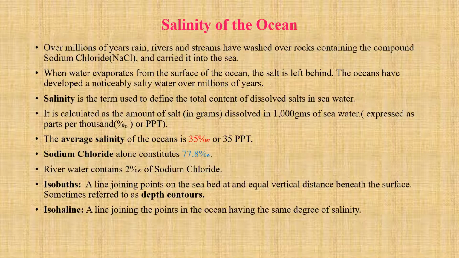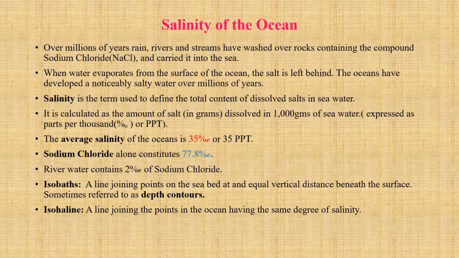Salinity is the term which is used to define the total content of dissolved salts in seawater. How do we calculate this? It is calculated as the amount of salt in grams dissolved in 1000 grams of seawater. It is expressed as parts per thousand.